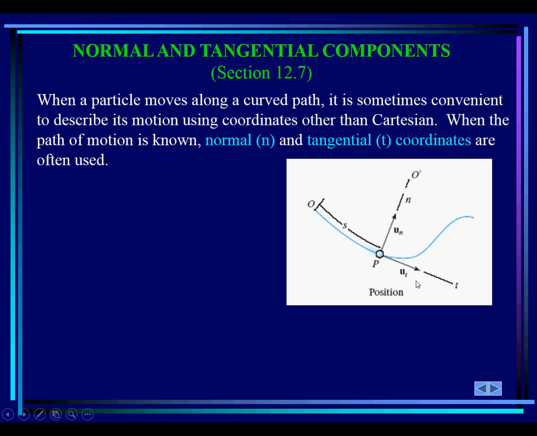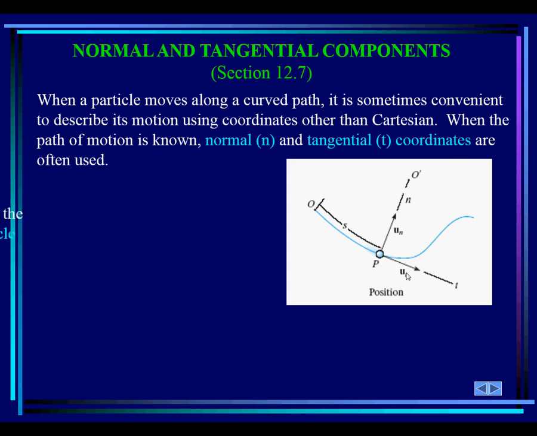The one in the direction of travel is called tangential acceleration, and the one towards the u is the normal, and in the velocity case also tangential velocity.